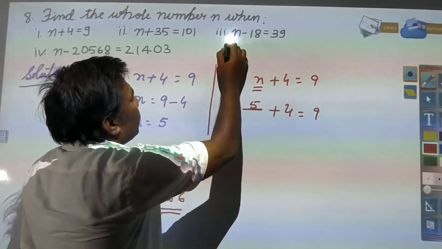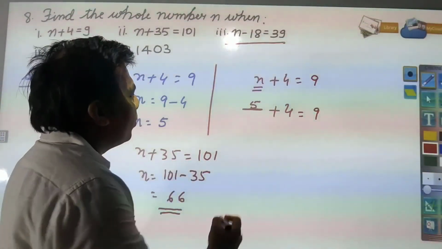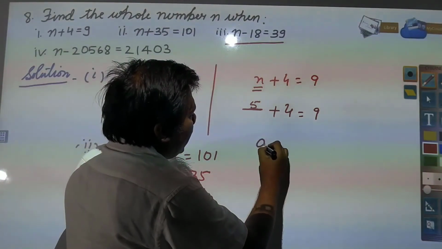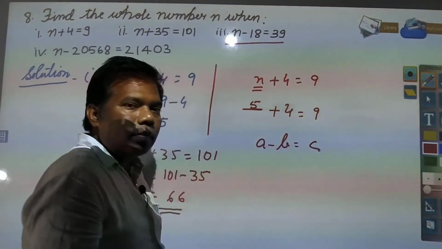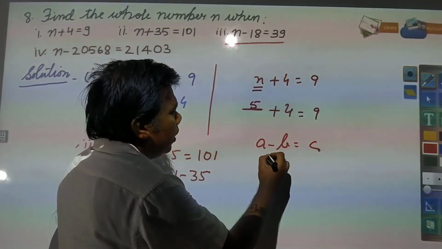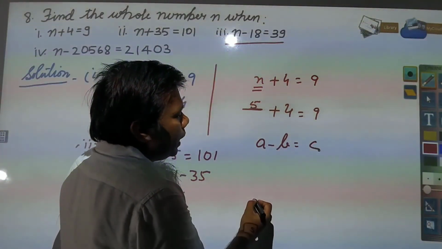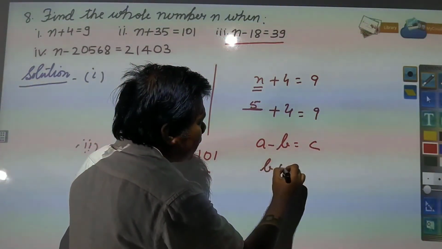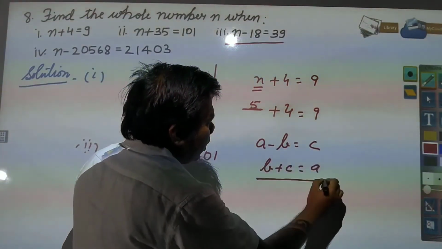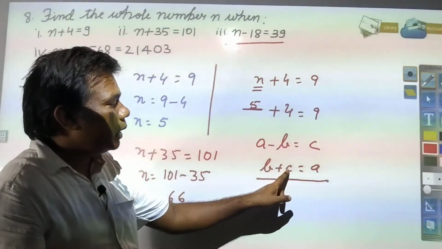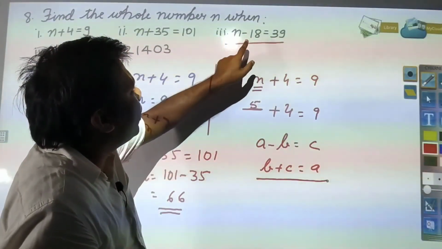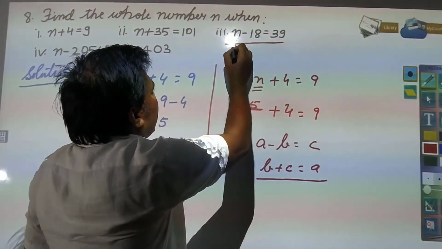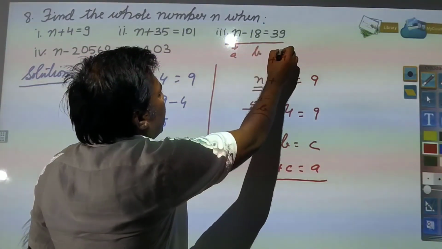And for this especially, if you remember, last day it was told, suppose a minus b is equal to c, then b plus c will be equal to a. So here you can see, suppose this is a, this is b, and this is c.